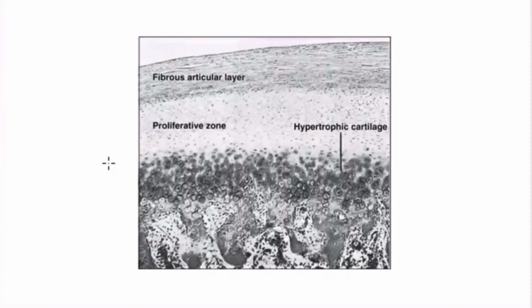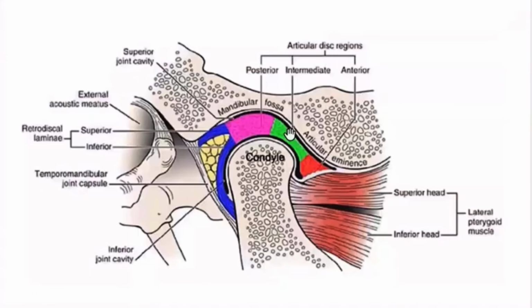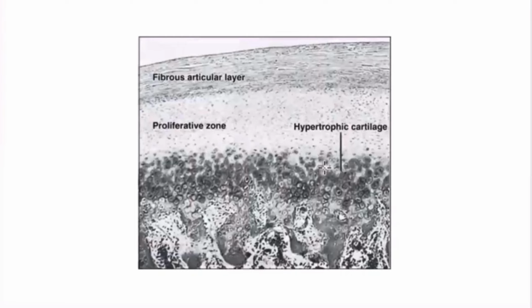The core of the disc, the middle portion, is the thinnest part of the disc, the intermediate zone, and the core means the nucleus, the innermost part of the disc. It has more rounded cells, more hyaluronic acid, and more collagen 2 fibers. In children, we have more cells in the layers, a high number of proliferating cells, while with age the cells are replaced with the fibrocartilage layer.